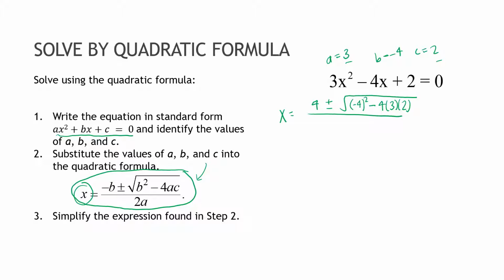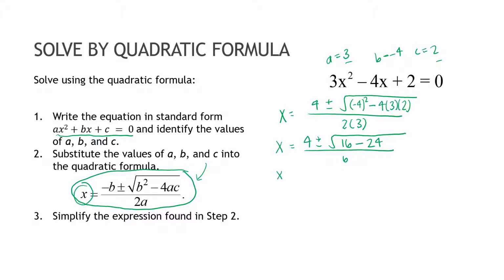Good to show all of your work, of course. And then 2 times a. Do your simplification. So 4 plus or minus, and again the plus or minus is there because that's going to give us our two solutions. So -4 squared again is 16. 4 times 3 is 12, times 2 is 24, so that's minus 24, all over 6.